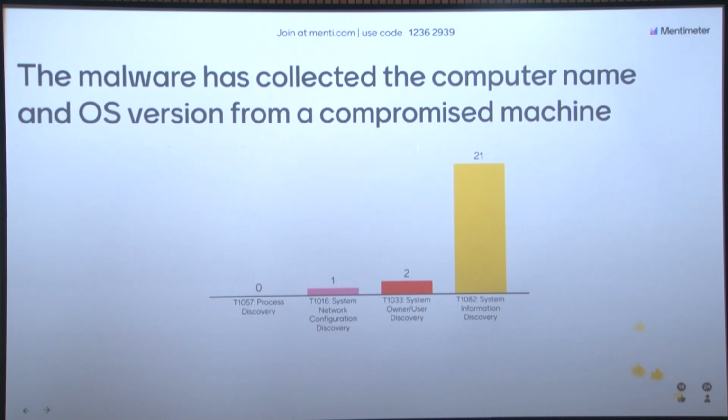We can see that they are collecting information related to the system: what the computer name is, and what OS version has been installed on the machine. There is no discovery related to network configuration, nor system owner or user discovery. Okay? So, the correct option is system information discovery.